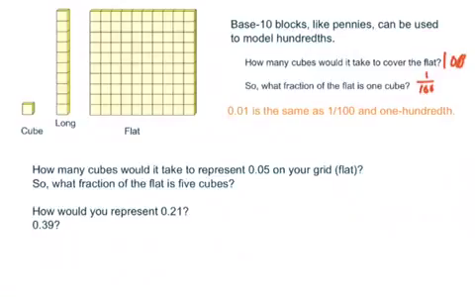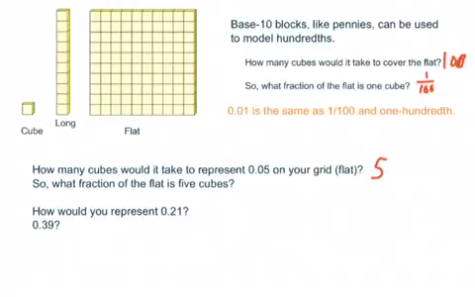So with all of that being said, look at this question down here. How many cubes would it take to represent this on your grid or on the flat? How many? Hopefully you would say, well, it would take me 5. And if so, you would be right.